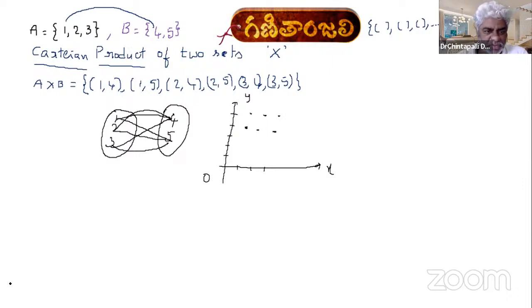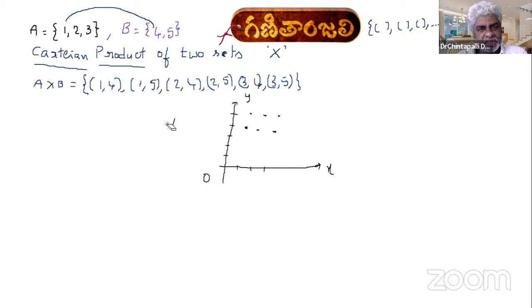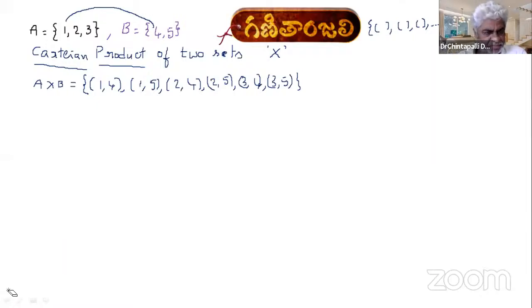Now let's think about the subsets of A cross B. This set A cross B has some subsets. What are these subsets of A cross B?